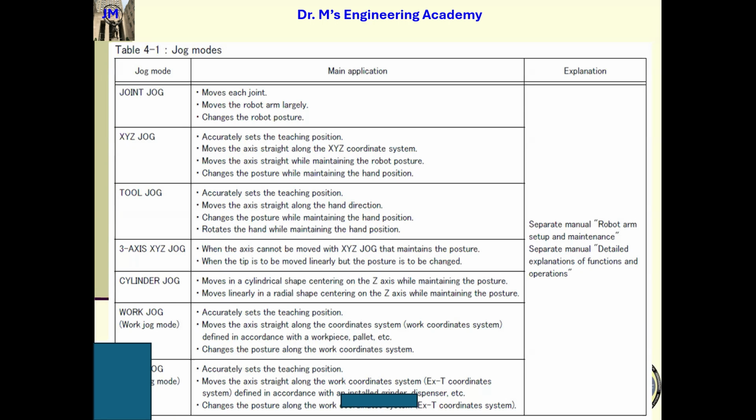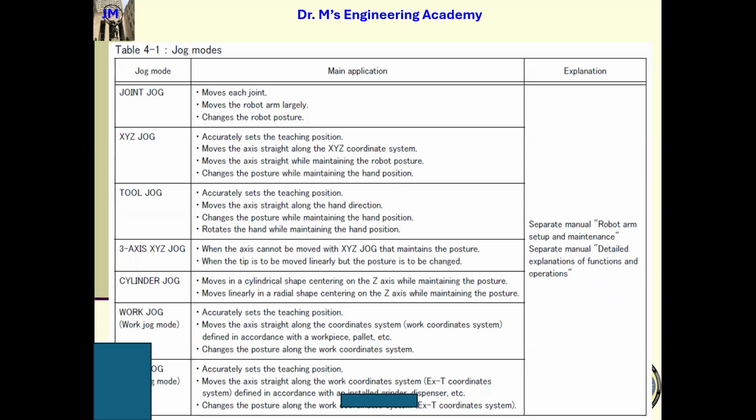And XYZ mode. XYZ mode means that I don't care how my joints move. What I care is how my hand moves. I want my hand to move in the X direction, the Y direction, or the Z direction. This is XYZ mode.